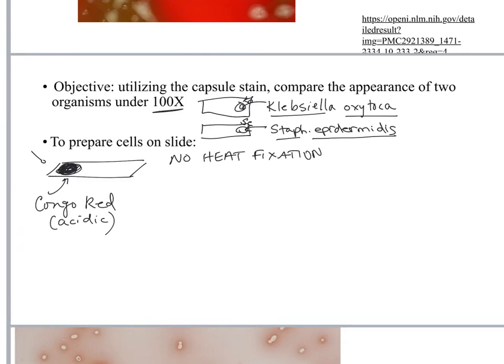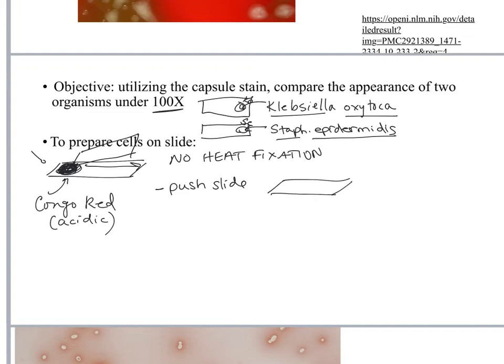Okay, and then we're going to do what's called the push slide method, where you're going to take a second slide. I don't know if I can draw this very well. You're going to hold it at about a 30-degree angle. I'll demonstrate this in class. And we're basically going to push those cells in that Congo red across the entire slide.